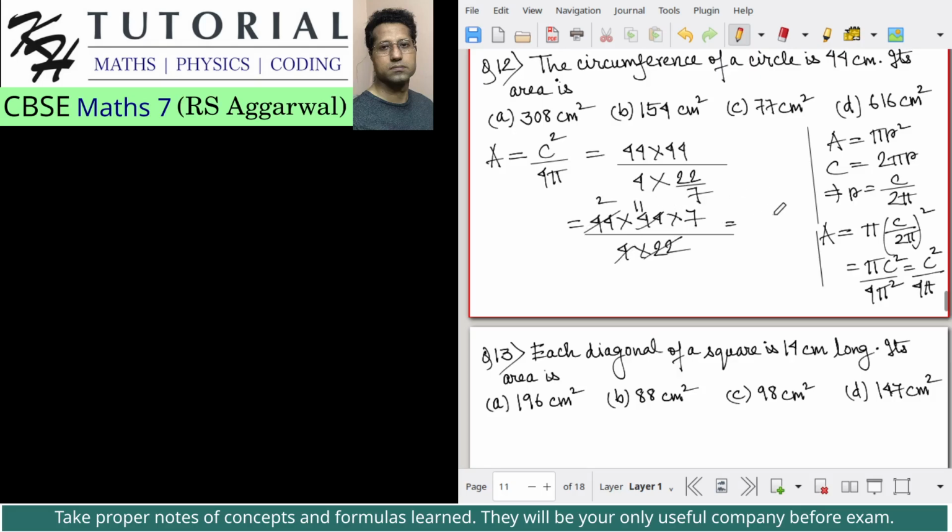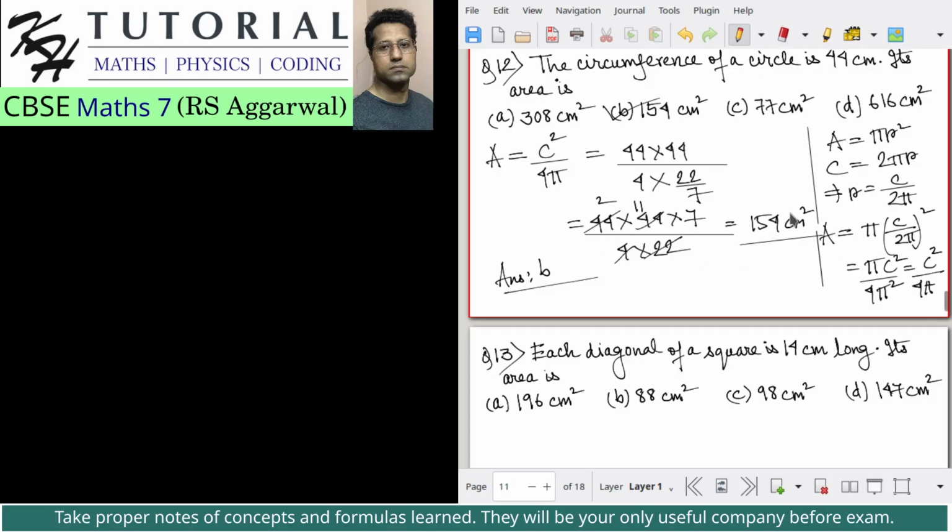So this is equal to 22 multiplied by 7, which is 154 centimeter square. So the correct choice is B.